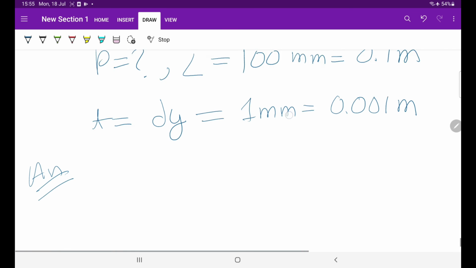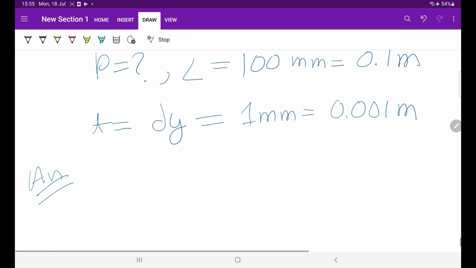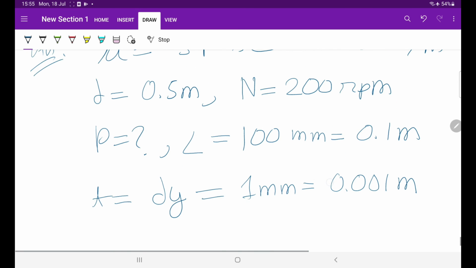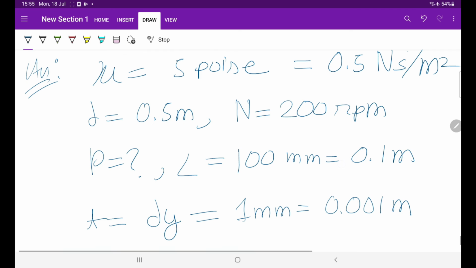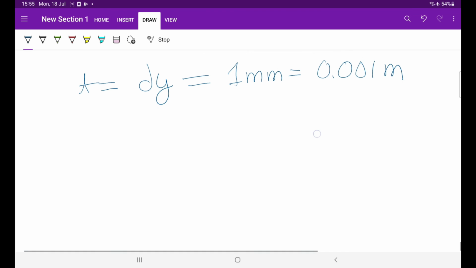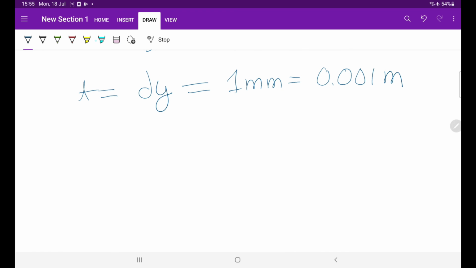So let's try to give you some hints here. Already I have given the answer. Okay, so let's try to solve it here. Now here what do we have? We had the formula. We know the formula for the power lost, right? So I'll just give you some hints here.